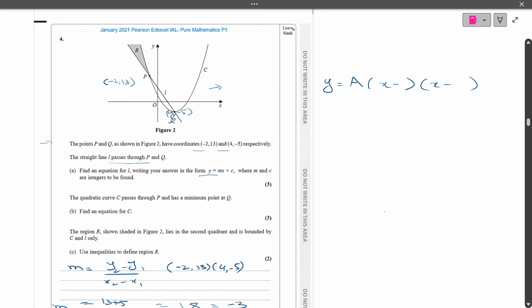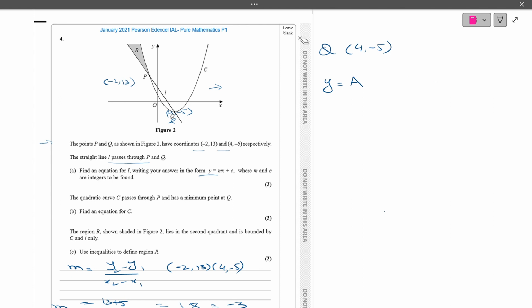But they said Q is a minimum point. So Q is a minimum point having the coordinates 4 and -5. So it's a turning point, and if I have a turning point, then it's quite easy for me to use the completing square form, which is a into x minus b whole squared plus c.